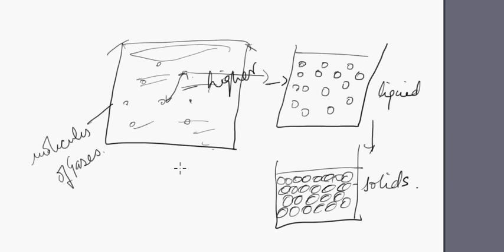See how dense the solid is; compared to the solid, there is less density in the liquid, and for the gas, as the intermolecular spaces are very high, the density is very low.